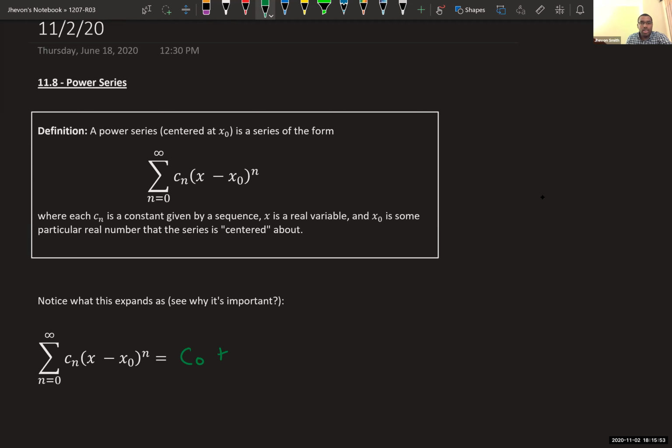Plug in n equals 1, I would get C1 times x minus x naught to the first power. Plug in n equals 2, I get that. Plug in n equals 3, I get that, and so on. Remind you guys of anything?